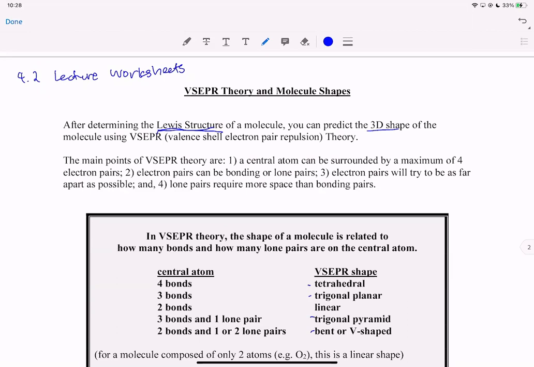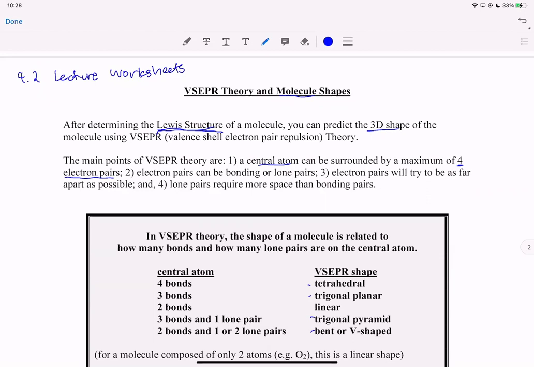And it's based on VSEPR theory, which is that you have a central atom. So your molecule has a central atom, and that central atom will be surrounded by some bonds and or lone pairs. These bonds or lone pairs are a maximum of 4. So you can have 4 bonds, or some combination of bonds and lone pairs, like 3 bonds and 1 lone pair.